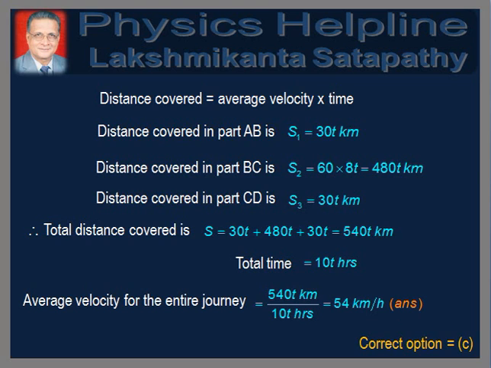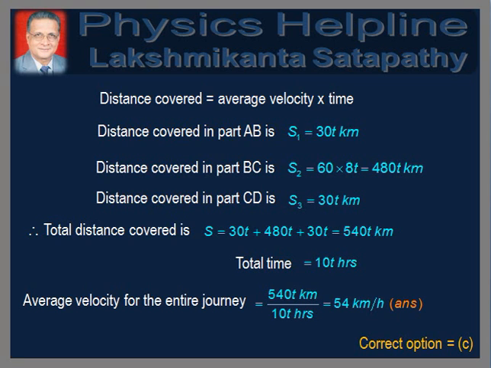Now, distance covered is equal to average velocity times time. Therefore, the distance covered in part AB, S1, is equal to 30t kilometers. The distance covered in part BC, S2, is equal to 60 times 8t, which is equal to 480t kilometers.